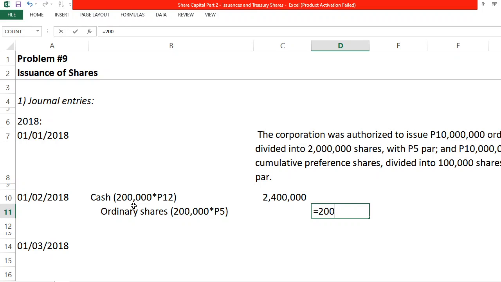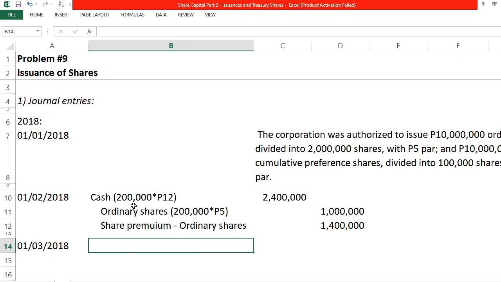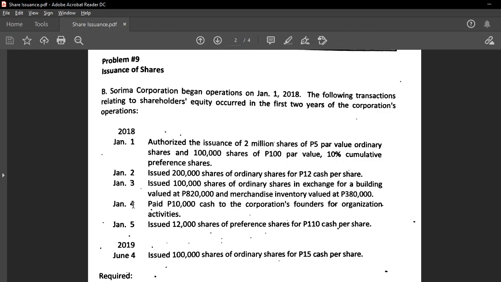So we are going to record it at par, which is 1 million. The excess of 1.4 million will go to share premium, ordinary shares.